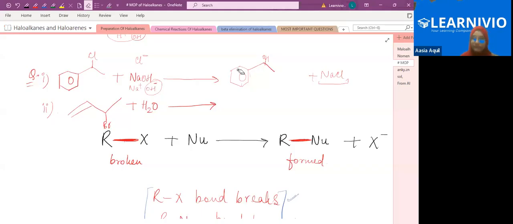Br is the leaving group. Yes. And what is the nucleophile here?